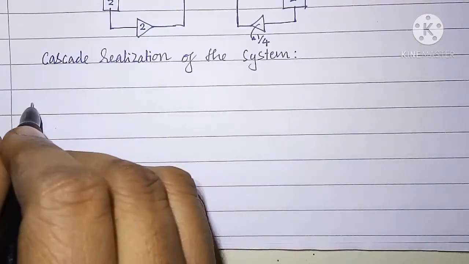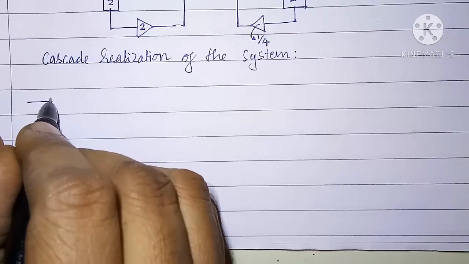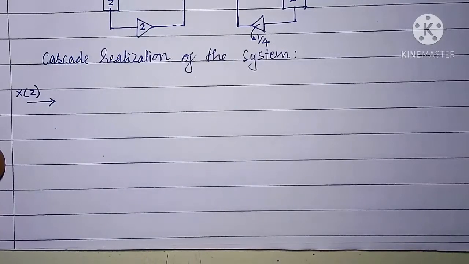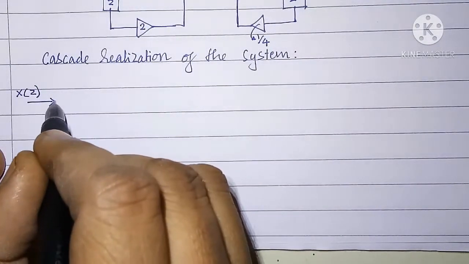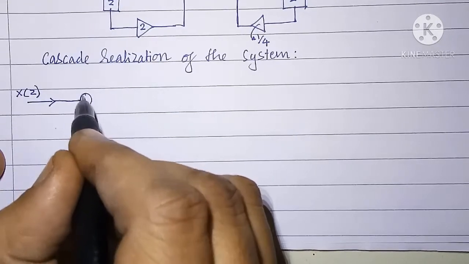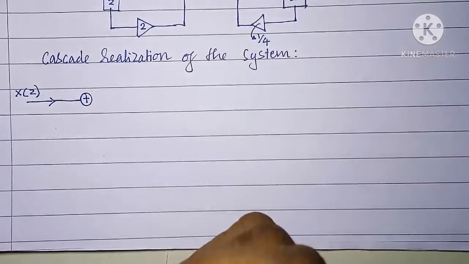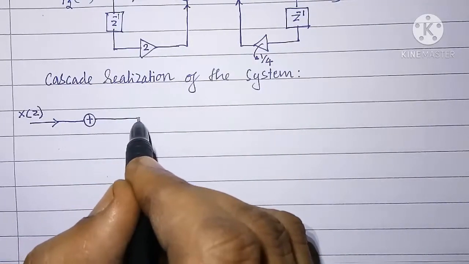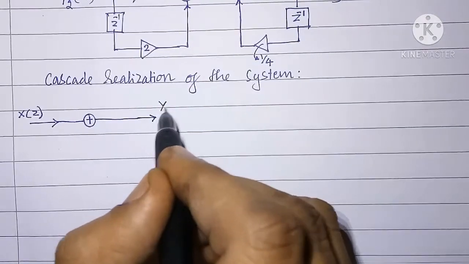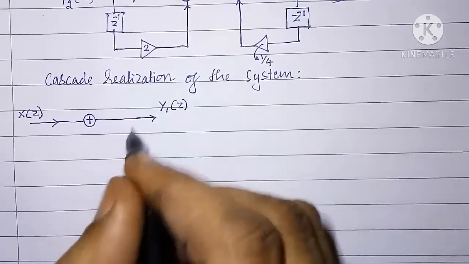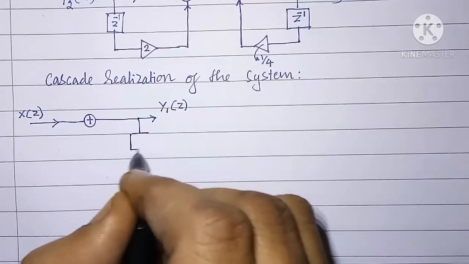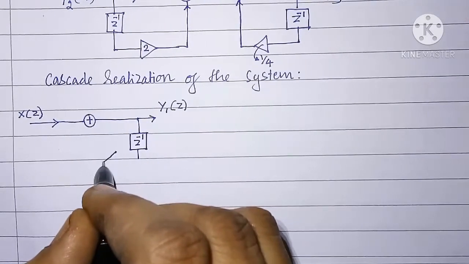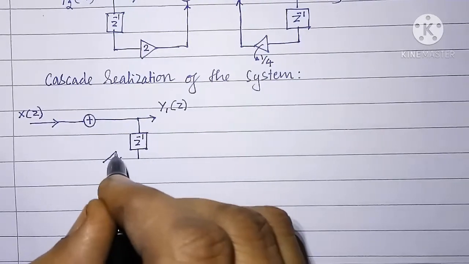So first, system will have input as x of z, right? There is one adder, output is y1 of z, delayed by one sample, z raised to minus 1 and the gain is minus 1 by 8.